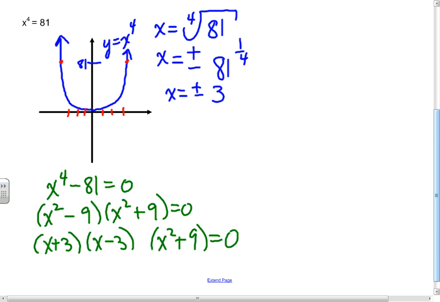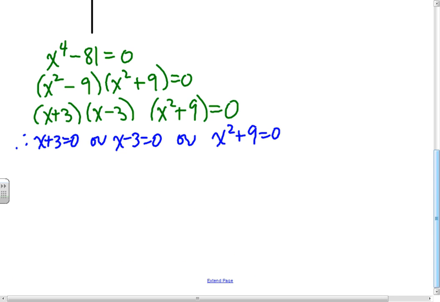I have three things being multiplied together that gives me 0. That means x plus 3 equals 0, or x minus 3 equals 0, or x squared plus 9 equals 0. For the first one, x equals minus 3, we knew that was one of our solutions already. It's one of the x values, or x is 3.